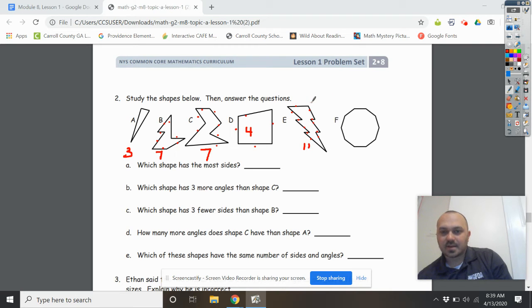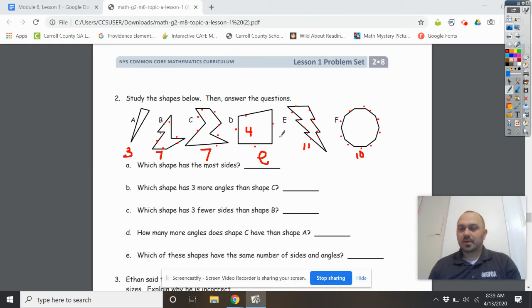So far, E has the most. And then 10. So if you said E had the most sides, you would be correct. And E is a little tricky because it has a few of these very small sides, but they are still sides.